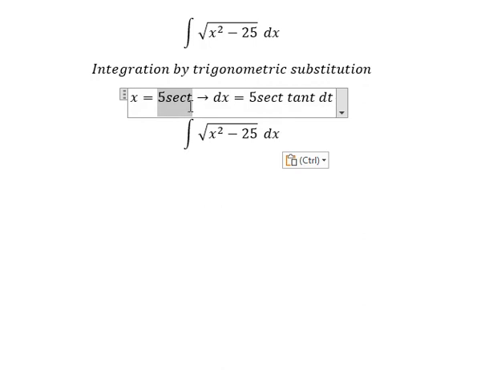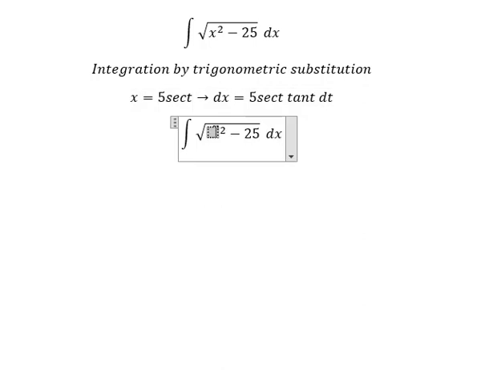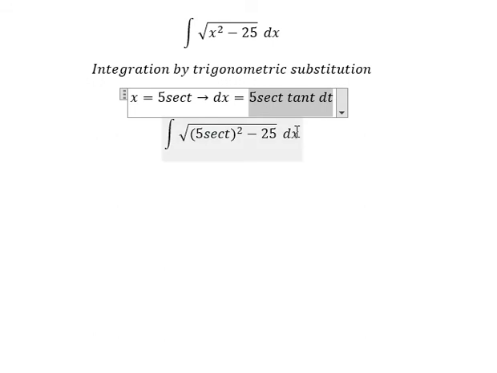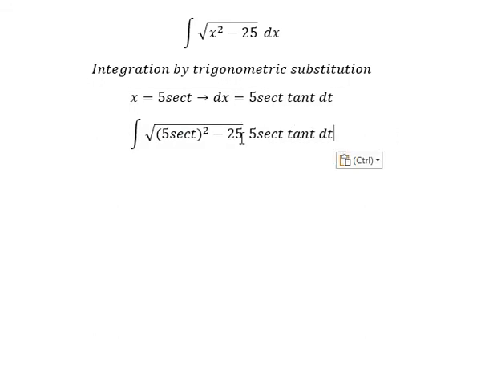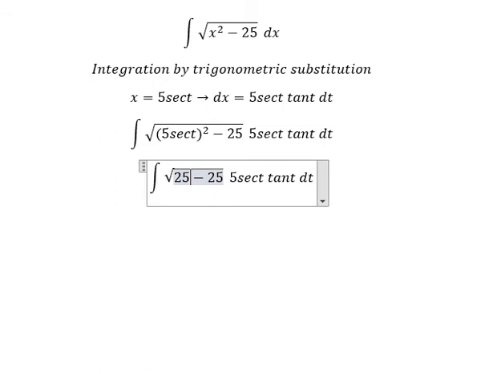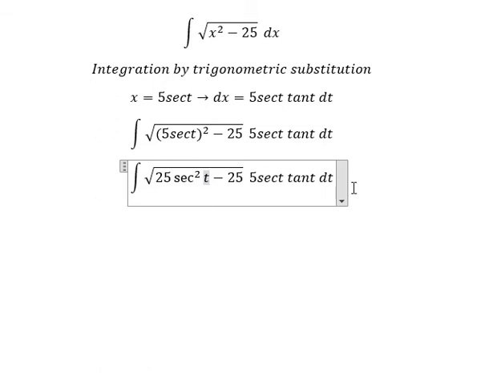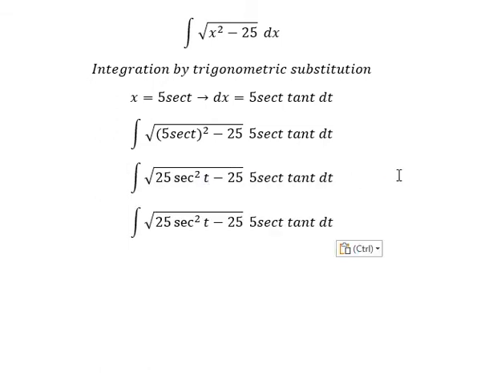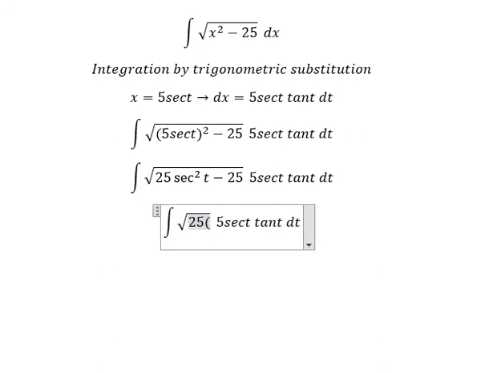So I will put this one here. The s we change by this one. This one we have 25 secant of t square. 25 we can do factorization.